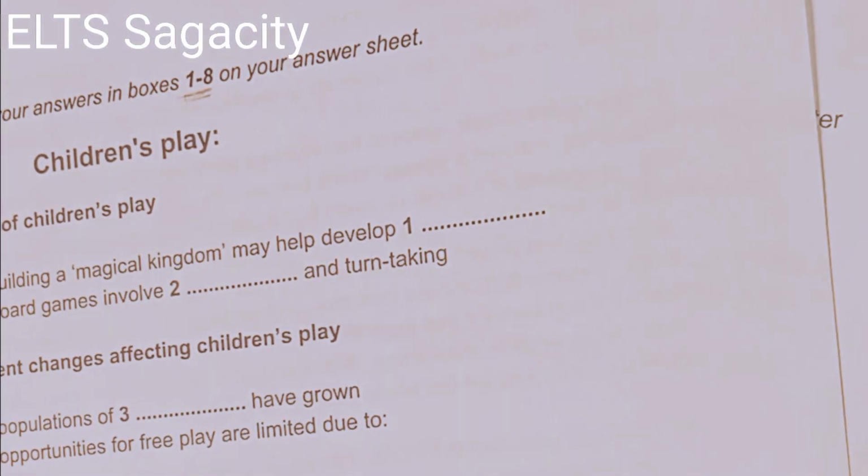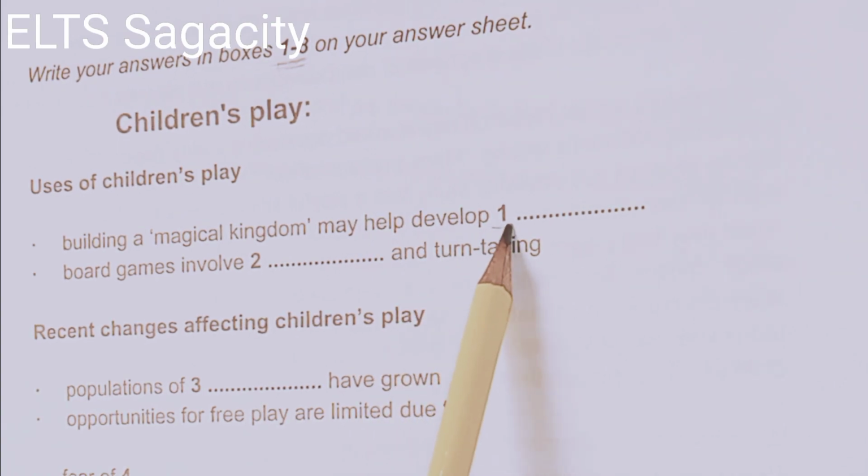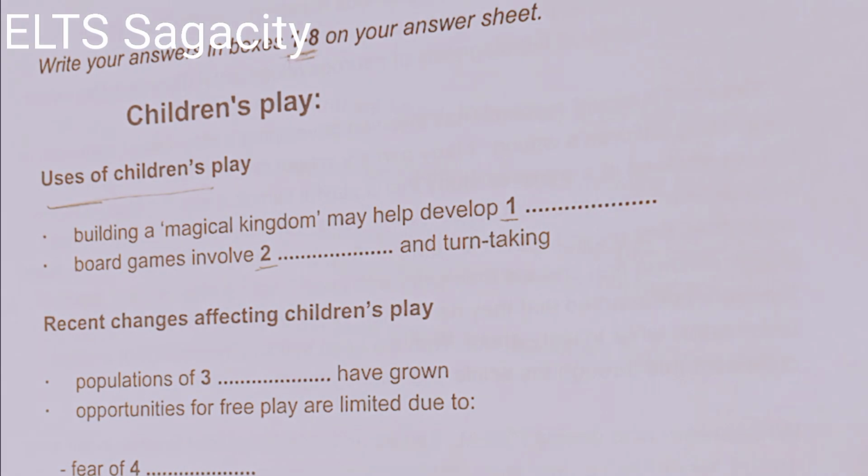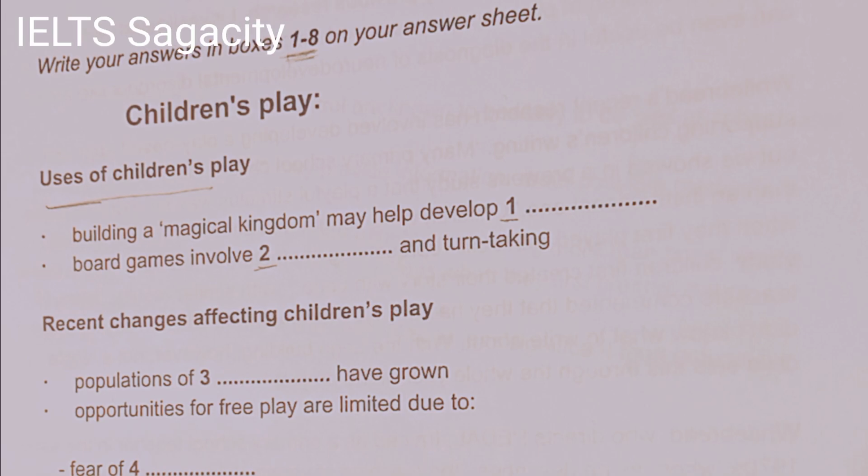Now, the first question and the second question actually fall under the heading uses of children's play. So it means that we are going to look for something related to uses of children's play. It could somehow mean advantages of children's play as well.